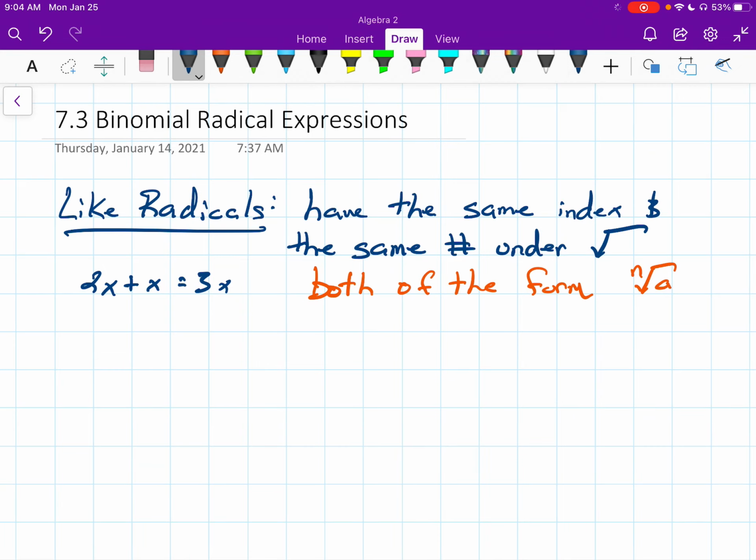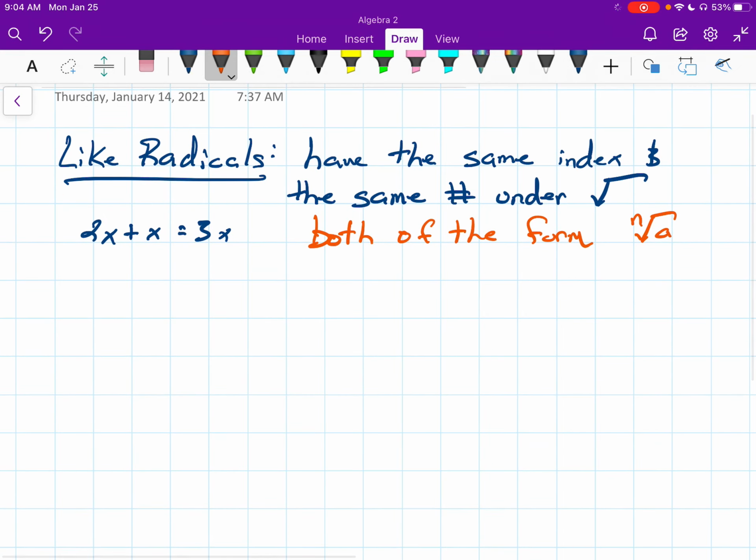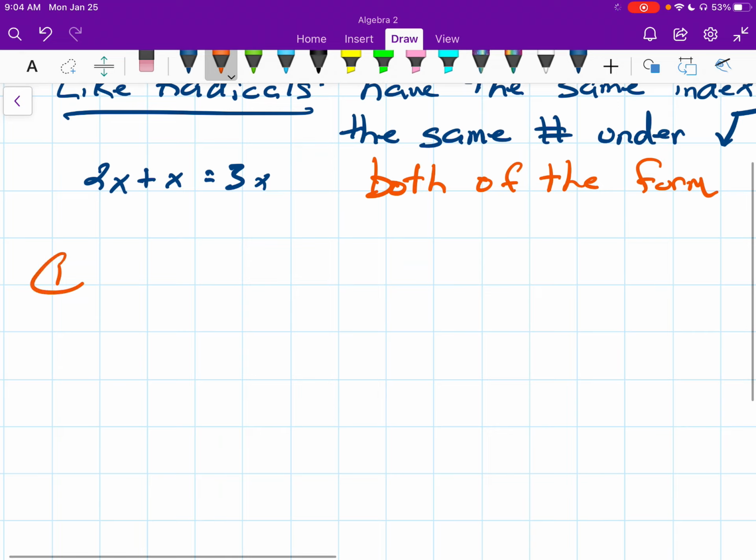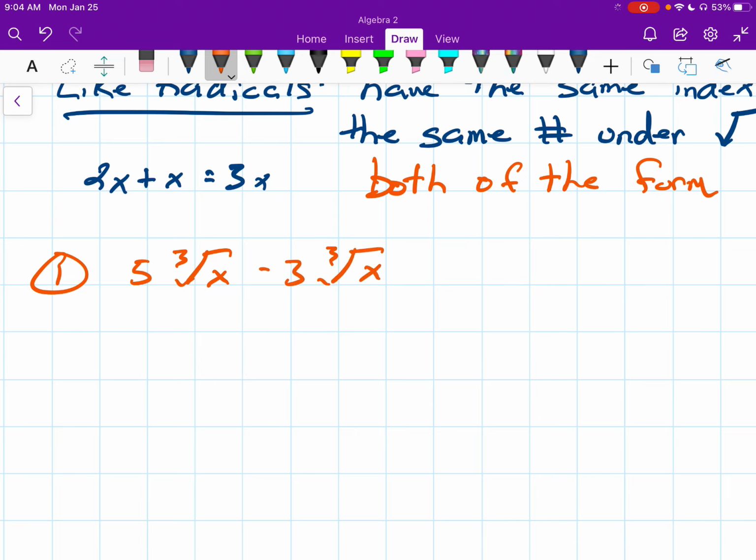All right, so looking at some examples where we actually use this, we'll go with number 1. We have 5 cubed root x minus 3 cubed root x, and we're supposed to simplify, or subtract.